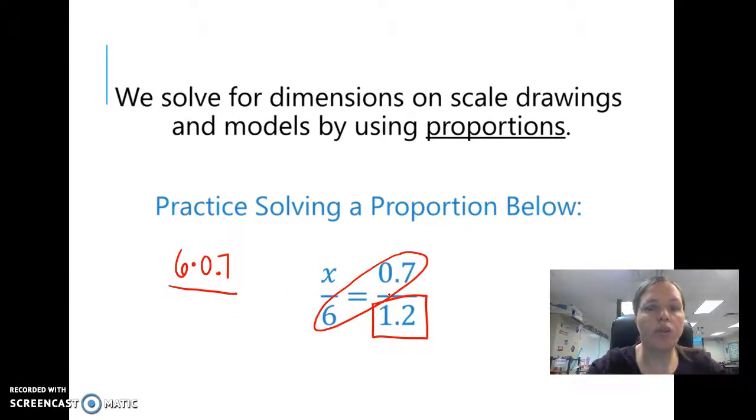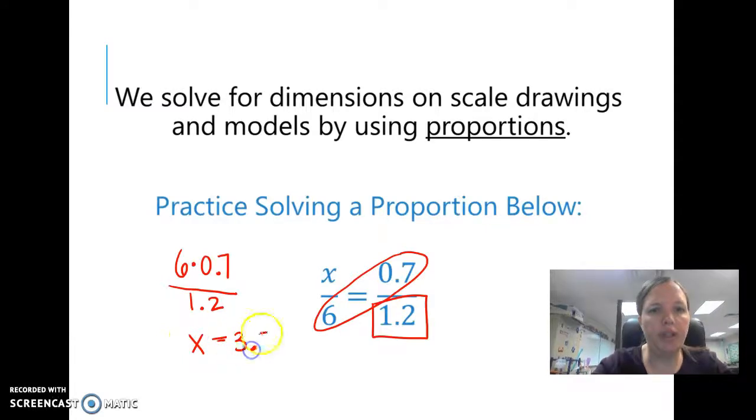So this was called cross products. We did this a whole bunch at the beginning of the year. So we're going to take 6 times 0.7 divided by 1.2. And the answer I get is that our value that we're missing here is 3.5.